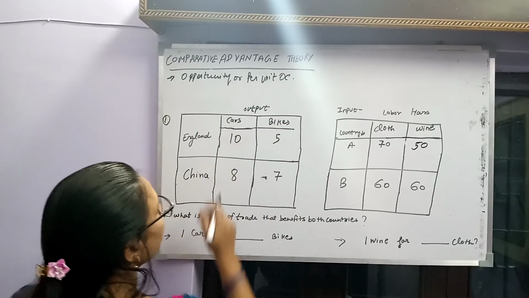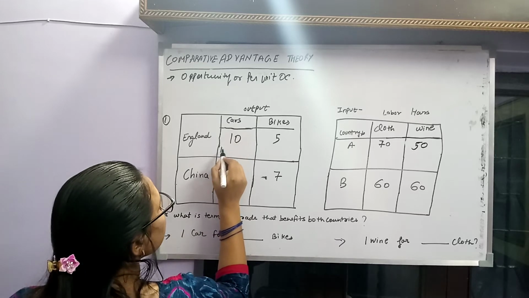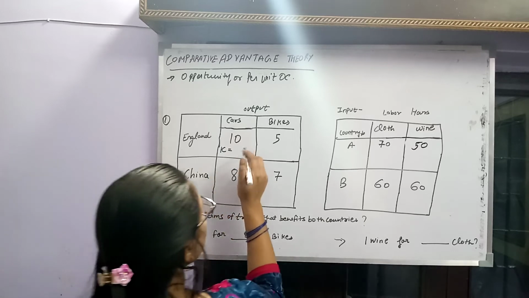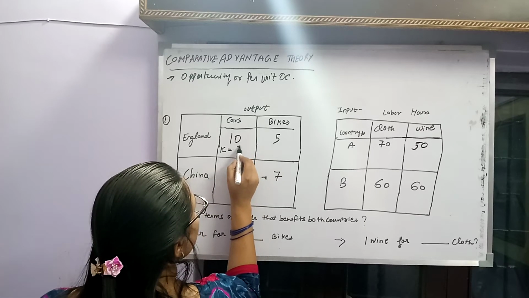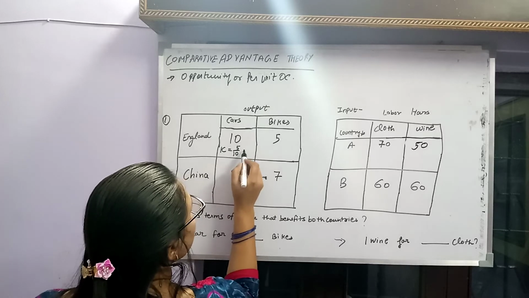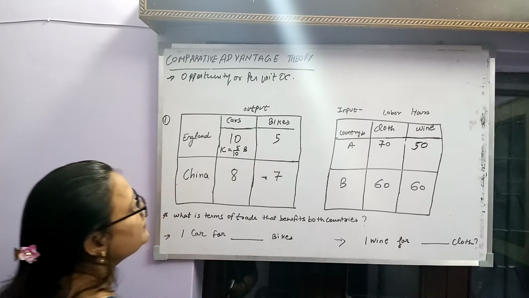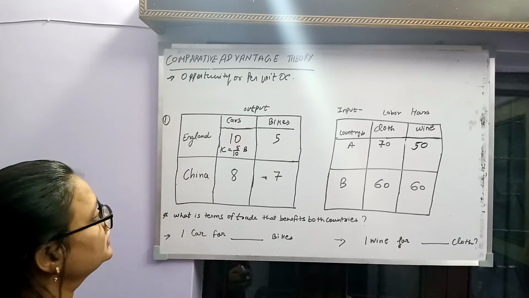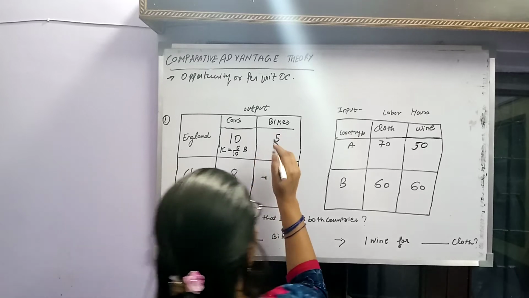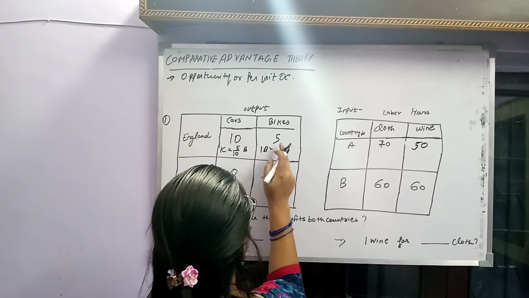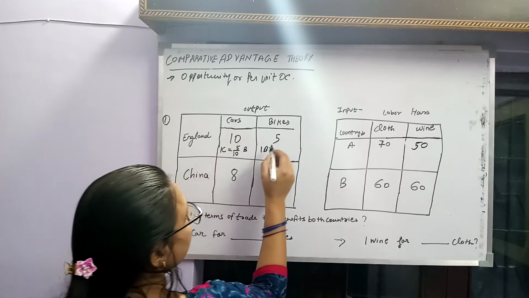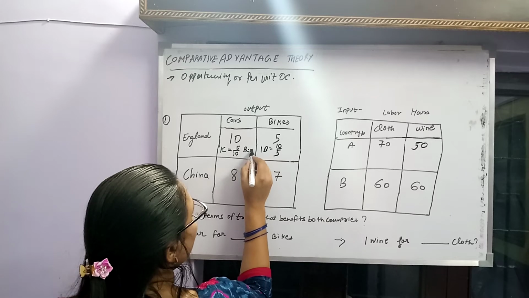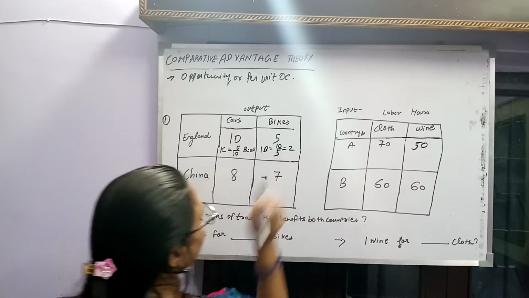In the case of output, to produce 1 unit of car, England has to sacrifice 5/10 of bikes. This is the opportunity cost of producing one car. Similarly for one bike, we take 5 to the denominator, so we have 10 by 5. So here we have 0.5 and here we have 2.